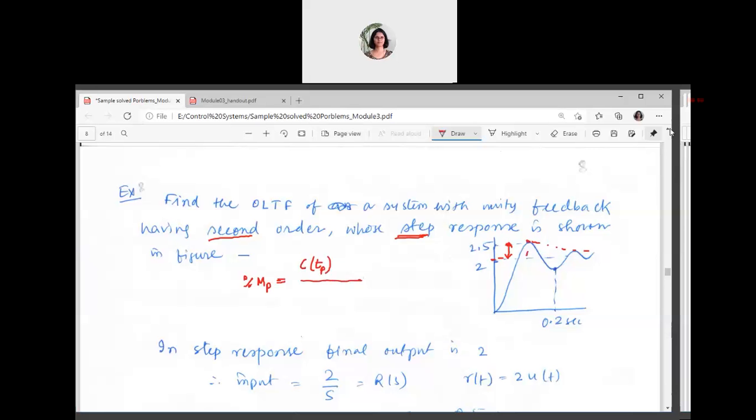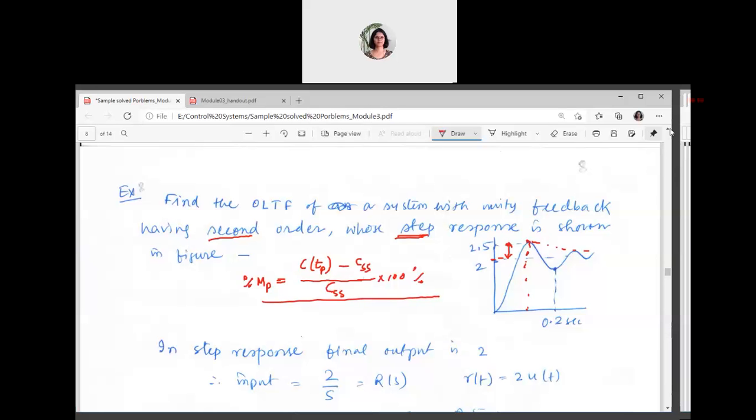This time is called the peak time, when we are getting the first peak. So output at this instant minus the steady value of output, finally where it becomes steady, that is CSS, divided by the steady value of output, into 100%. This is the general expression for percentage overshoot.